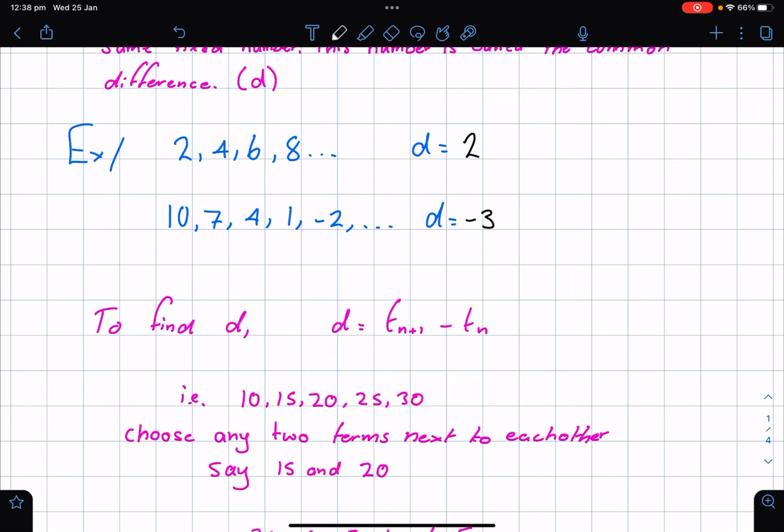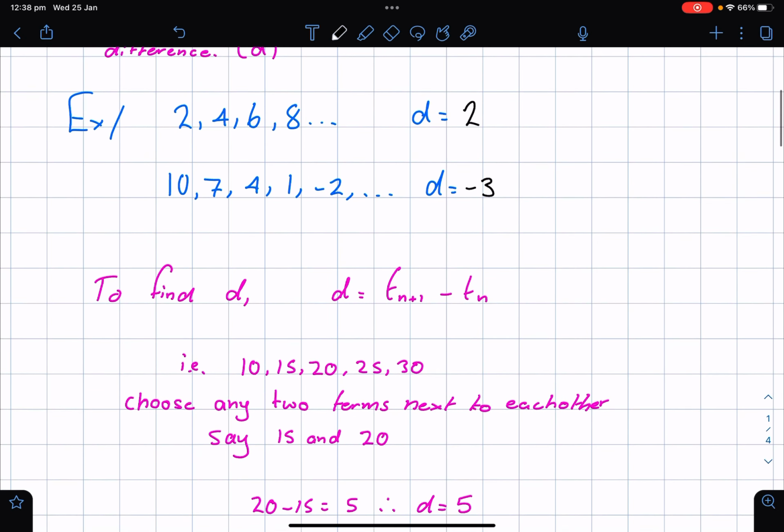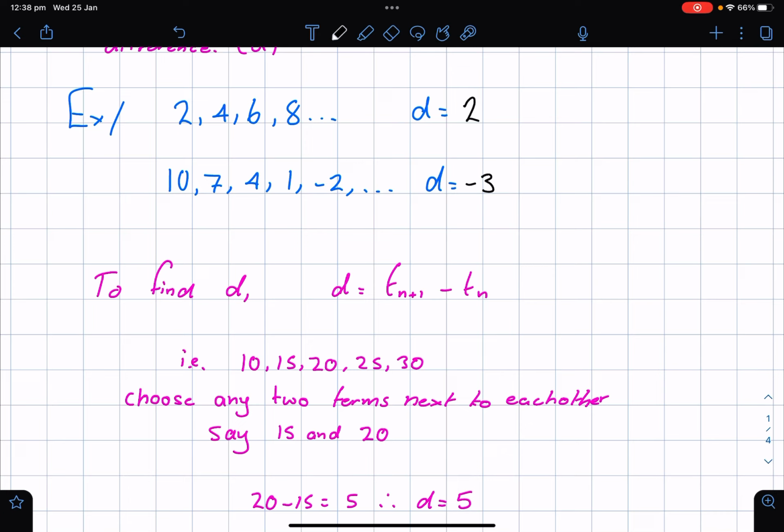So we choose any two terms next to each other, so let's say 15 and 20. To find D, we must subtract 15 from 20. So the term that comes first is subtracted from the next term. So 20 minus 15, which is equal to 5.